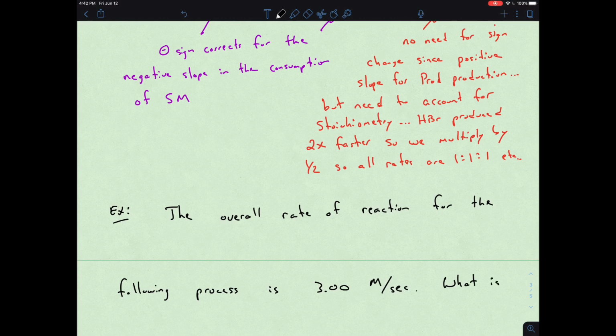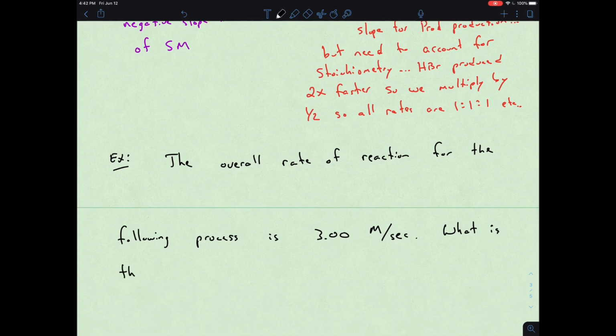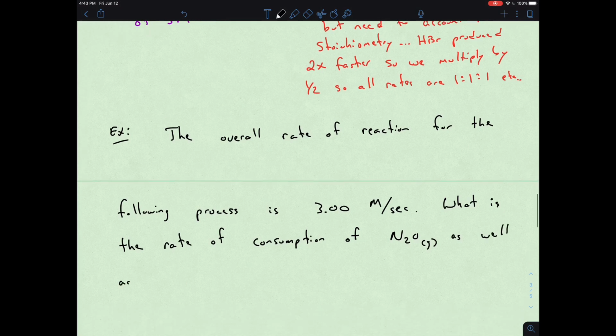What is the rate of consumption of N2O as well as the rate of production of nitrogen gas?